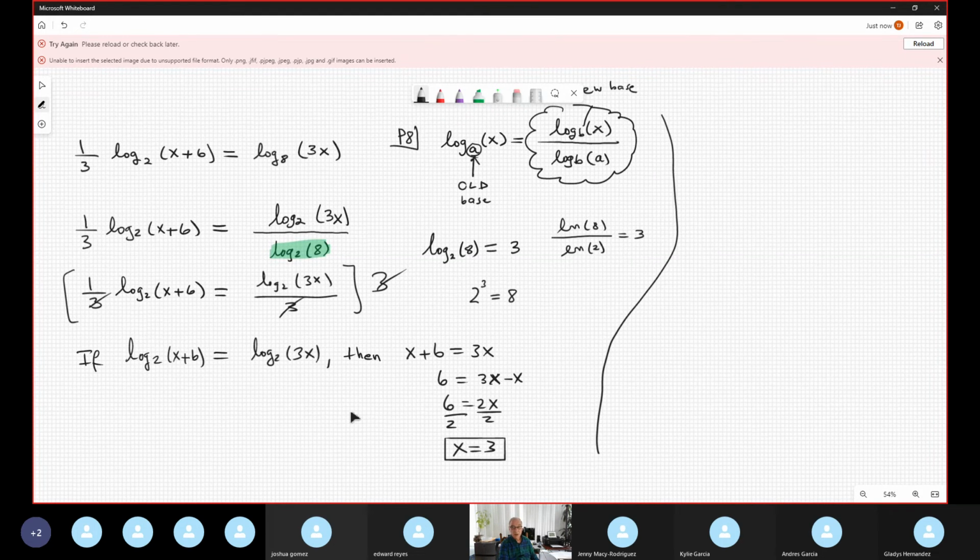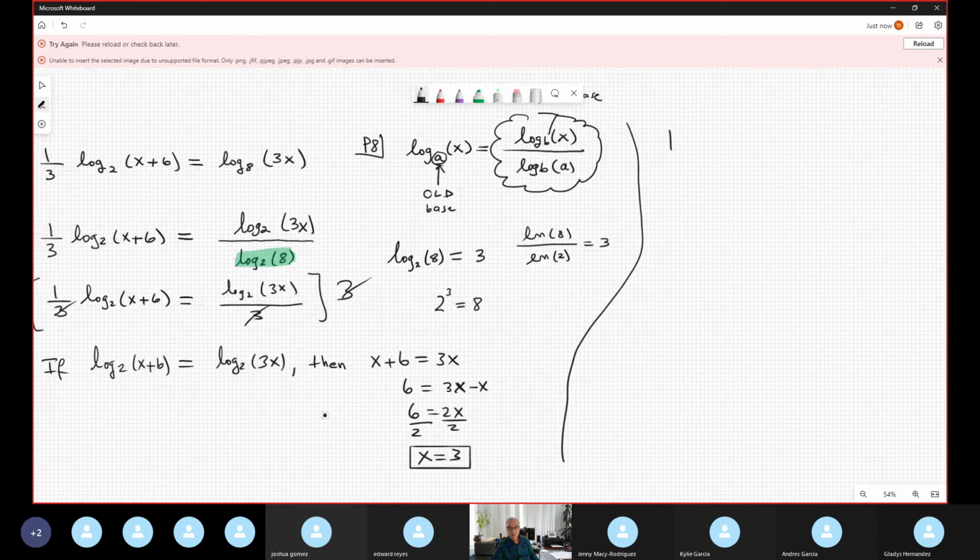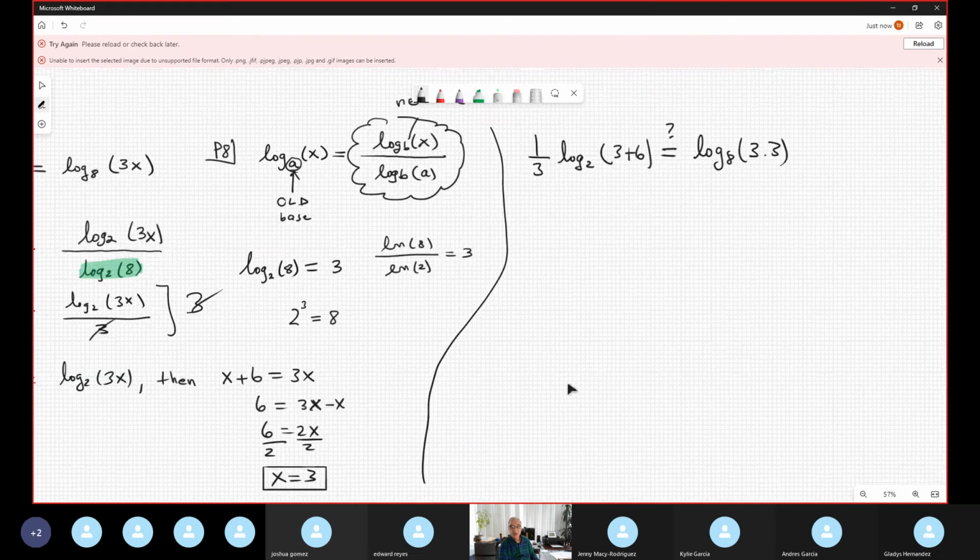I need to verify that 1/3 logarithm base 2 of 3 plus 6 should be equal to logarithm base 8 of 3 times 3. Well, 3 plus 6 is 9, so 1/3 logarithm base 2 of 9 is equal to logarithm base 8 of 9.